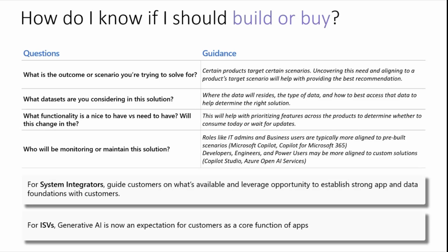So why it matters? If the scenario closely matches an existing product, then buying is usually the best fit. And if the scenario is unique or highly specialized, then building may be required. For example, for standard HR FAQs you can just buy, and for custom compliance validation, you have to build.